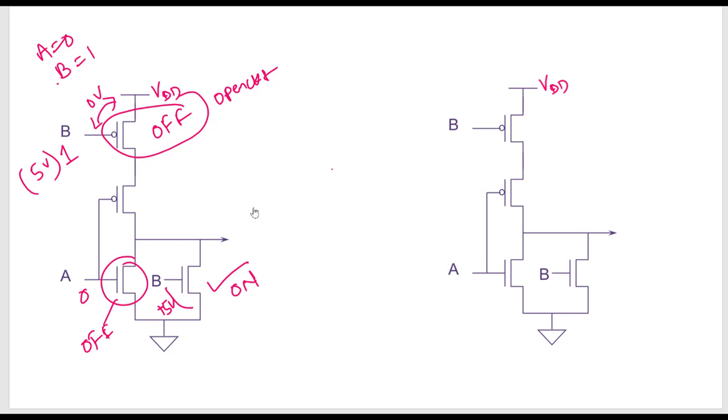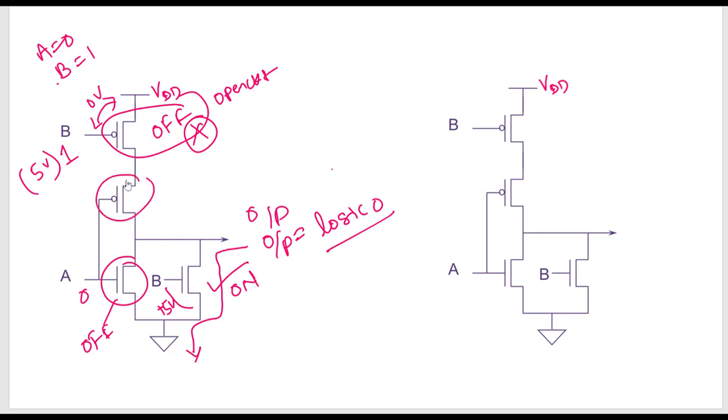Your output has no effective connection to the power supply side since this PMOS transistor is off. Whereas your output will have effective connection towards the ground using this NMOS transistor. As a result, you are going to get output as logic 0. When this PMOS transistor is open circuit, it doesn't matter whether this other transistor is on or off. It's not going to contribute anything towards the output side. So this is when A equals 0 and B equals 1.